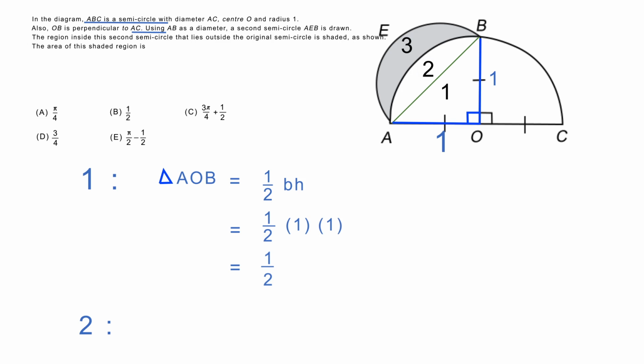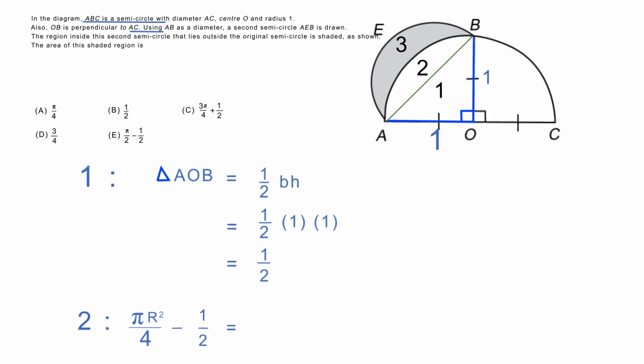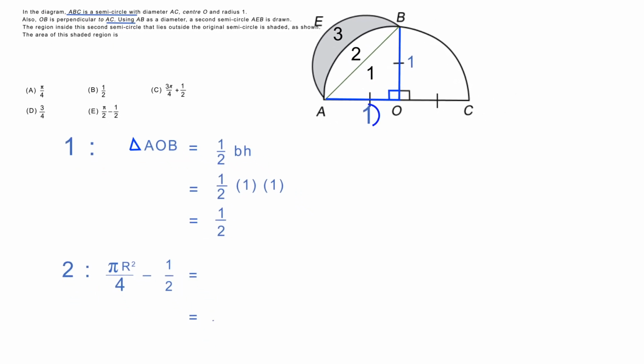So how do we figure out the area of a quarter of a circle? Well, the area of a circle is pi r squared. So a quarter of that, you divide by 4. And then we have to subtract from that region 1. So we know that is equal to 1/2. Now pi r squared, what is the radius in this question of this circle? Well, it's 1.